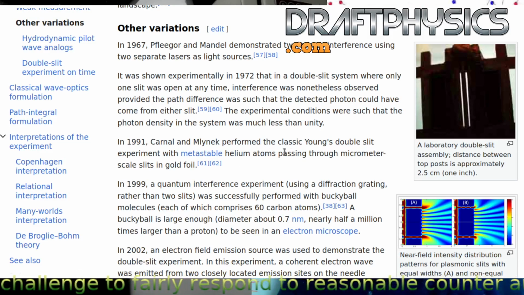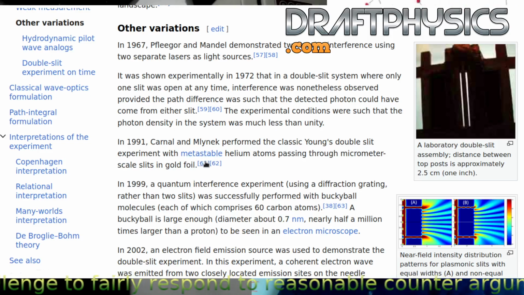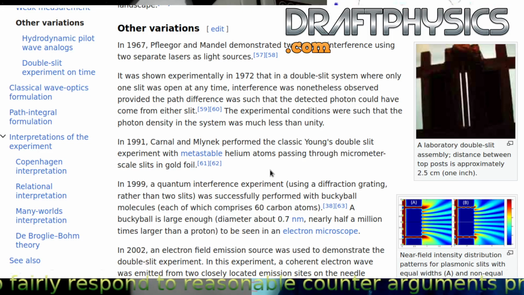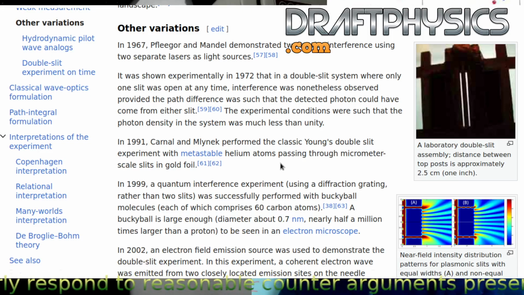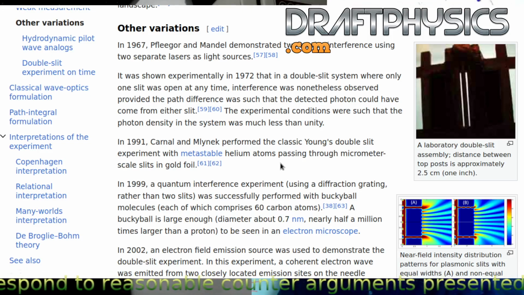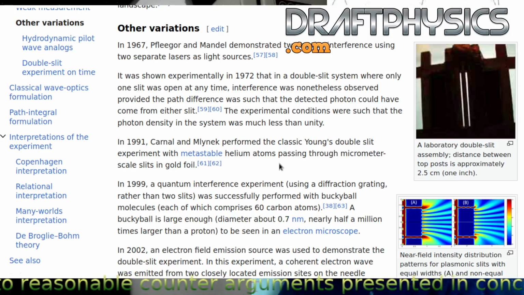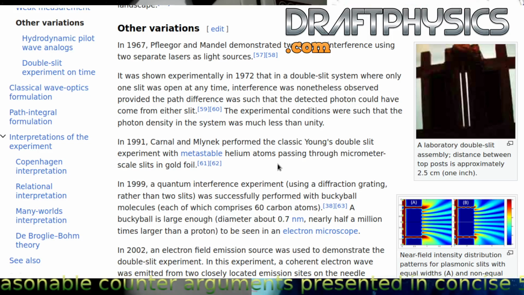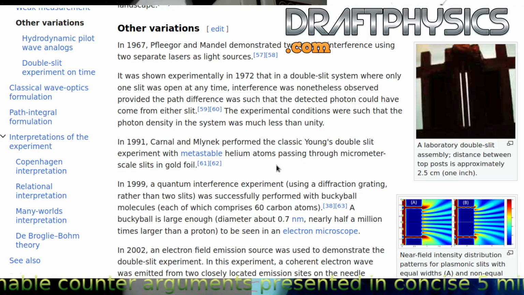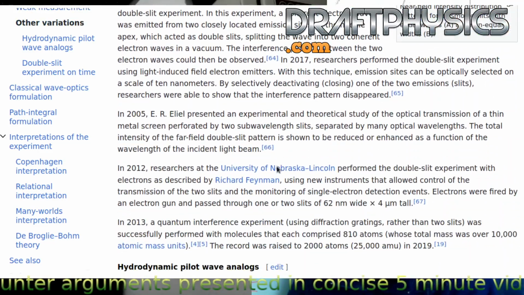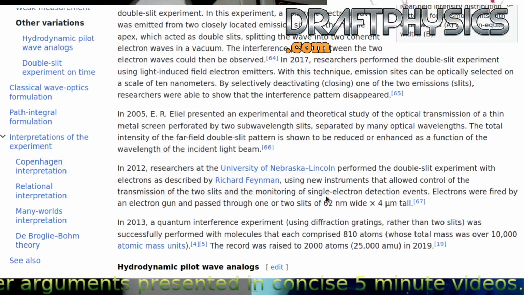Let's see. Perform the classic Young double slit experiment with whatever that is. Metastable helium atoms pass through micrometer scale slits of gold foil. So that's probably the gold foil experiment I was talking about. Well, anyway, just all garbage. It's just about the surfaces.